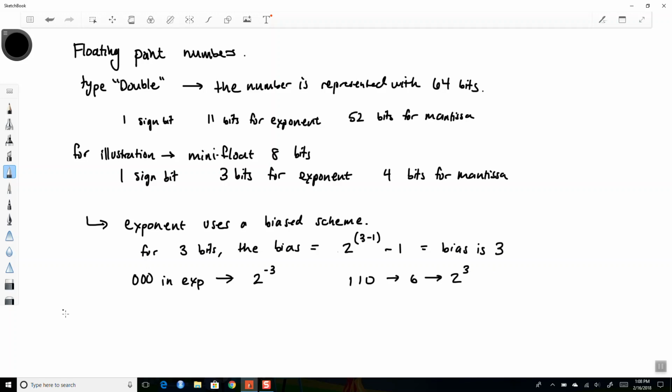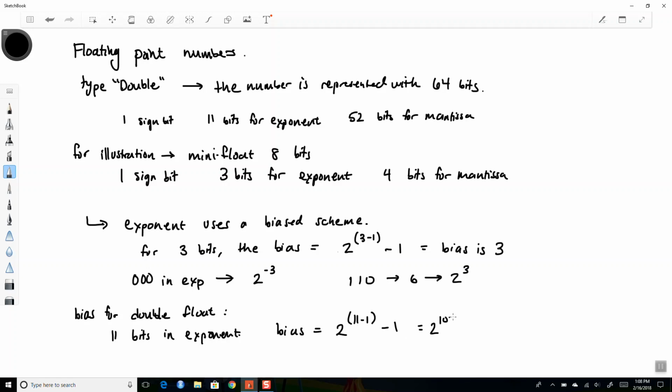Okay, what would be the bias for a double float? So we have 11 bits in the exponent. So the bias would equal 2 to the 11 minus 1, minus 1.